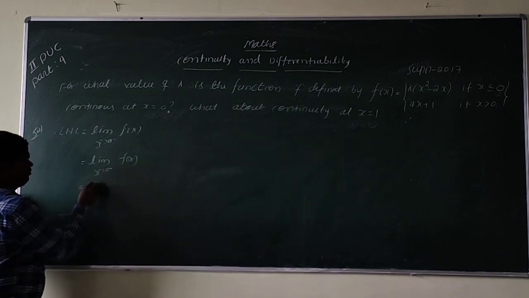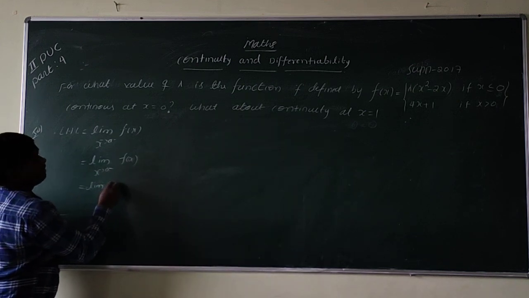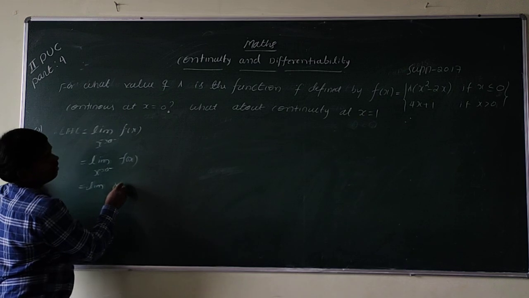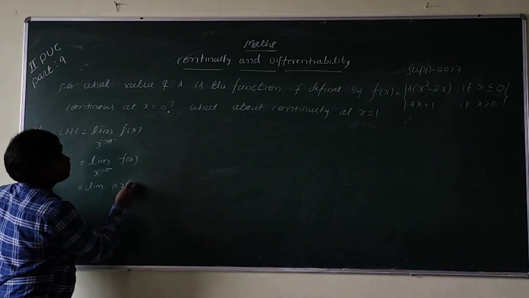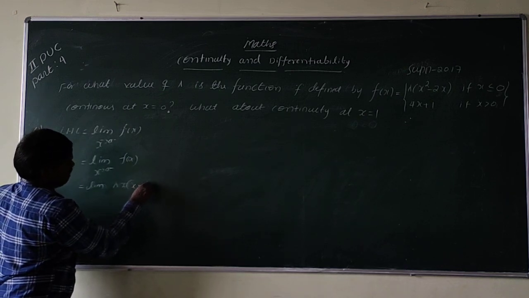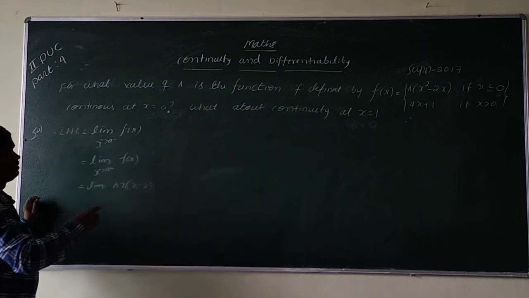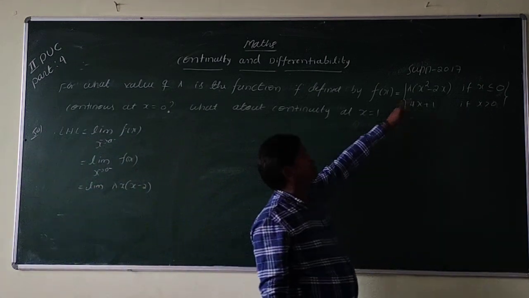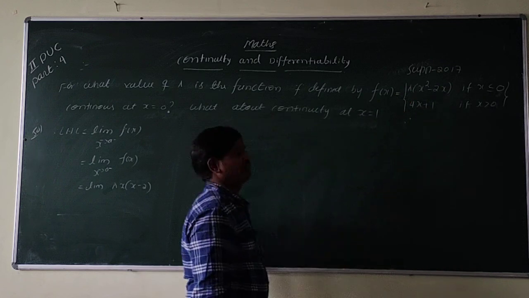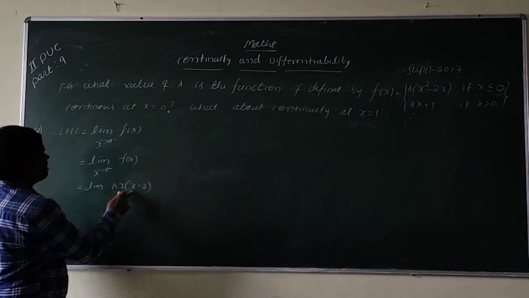Here f of x is lambda into x square minus 2x. I am taking x common, so it can be written as x into x minus 2.